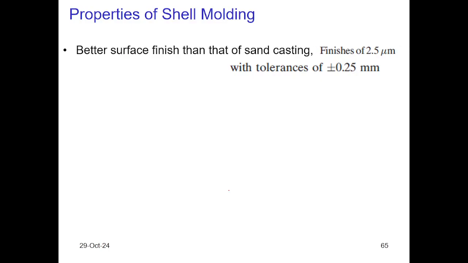The advantage of shell molding is that the surface quality is better. Average roughness height is in the order of 2.5 micrometers. For an ordinary sand mold casting, it may be in the order of 6-7 micrometers, but in shell molding, it is smaller.